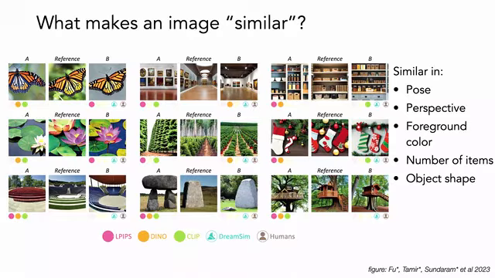It turns out there are a lot of different ways that we think about similarity: pose, perspective, foreground color, foreground background orientation, the number of items, object shape. What's the most useful way to have things be similar or different in a representation space is probably going to be contextualized by some downstream task that we're interested in.